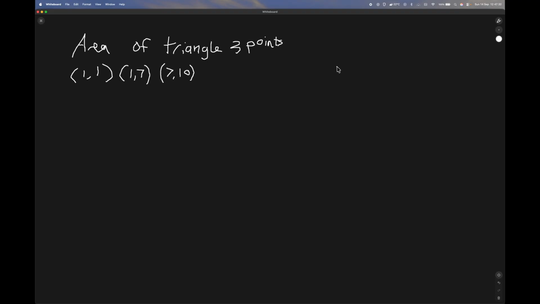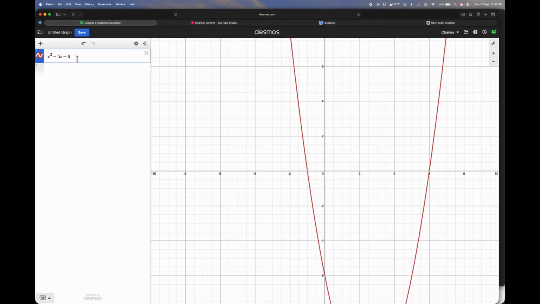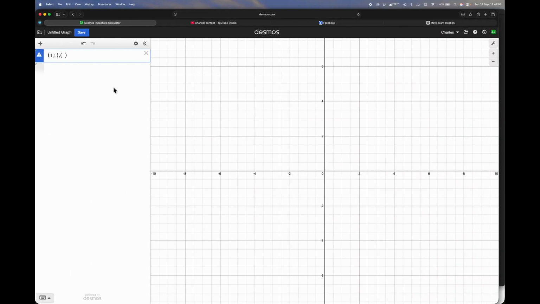Okay, so on a Cartesian plane, let's actually put this into Desmos here. (1, 1), (1, 7), there, (7, 10).